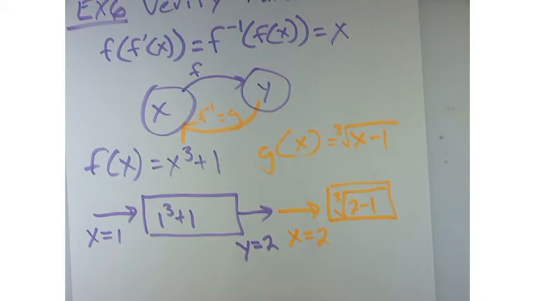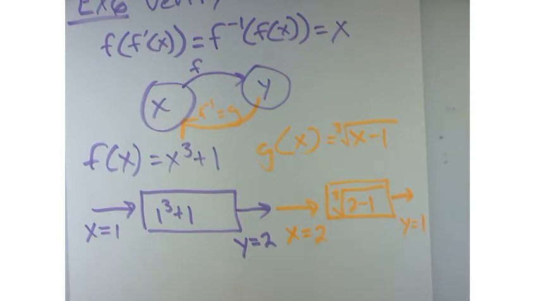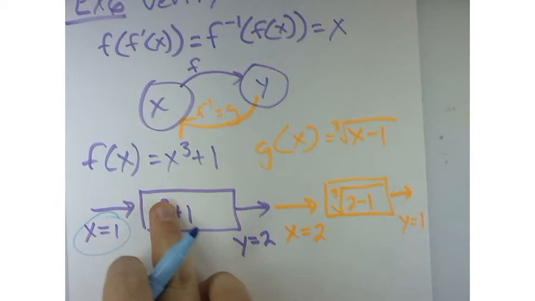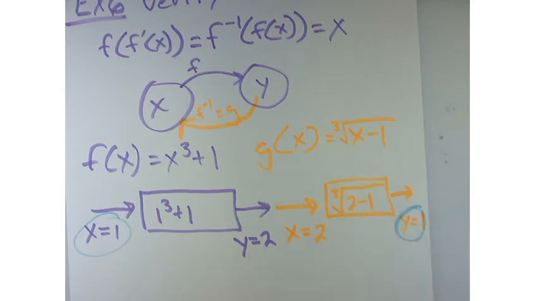What's the cube root of 1? 1. That's no accident. I started here, did some math to it, got this. If I take that same value and plug it into the inverse, I should get right back to where I started. The inverse undoes what was being done.